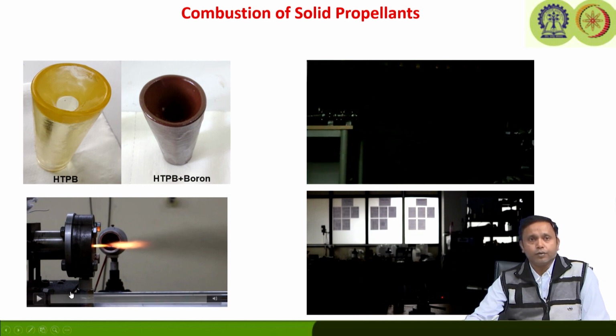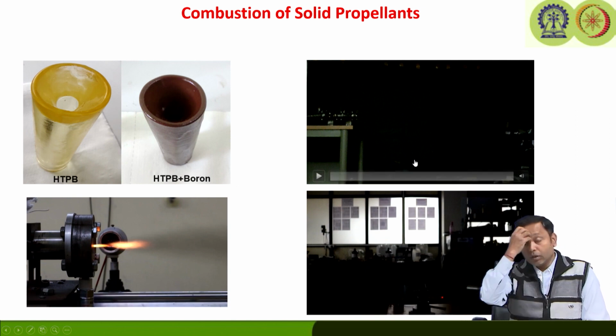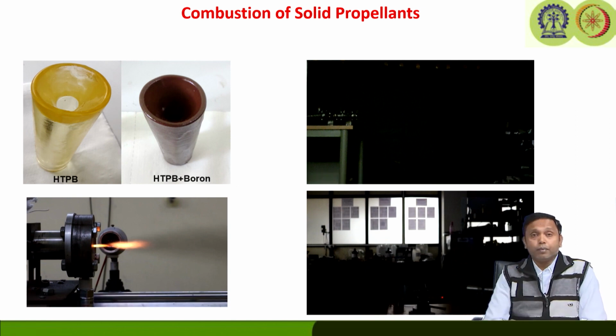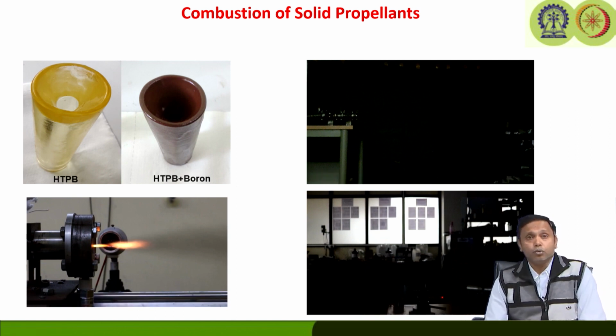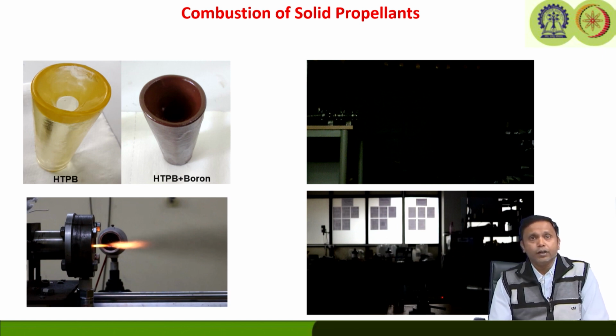Same thing here also. But the idea behind showing these videos is to give you some idea about how different types of fuels and propellants burn. So, we need to look at the processes involved, for example, the decomposition of oxidizers, like we talked about the different crystalline oxidizers, for example, ammonium perchlorate and ammonium nitrate.